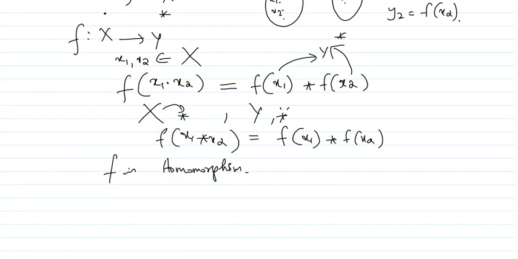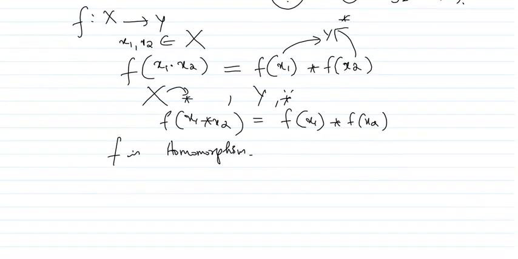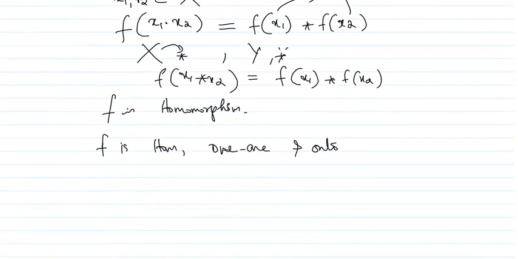And if the function f is a homomorphism which is one-one and onto, that is, a homomorphism, one-one and onto, if these three properties are satisfied, then it is said to be an isomorphism.